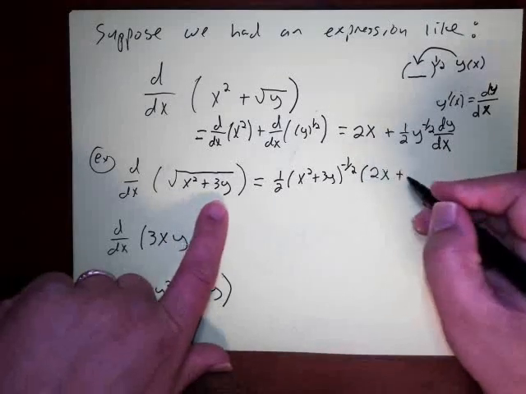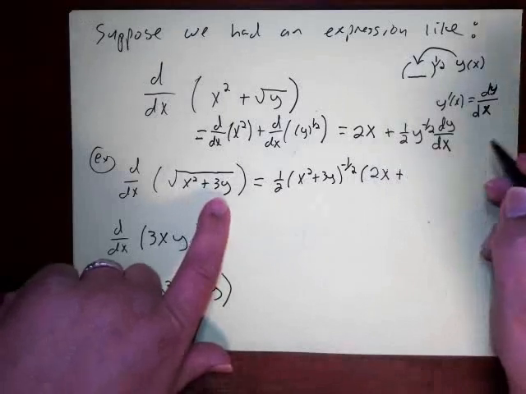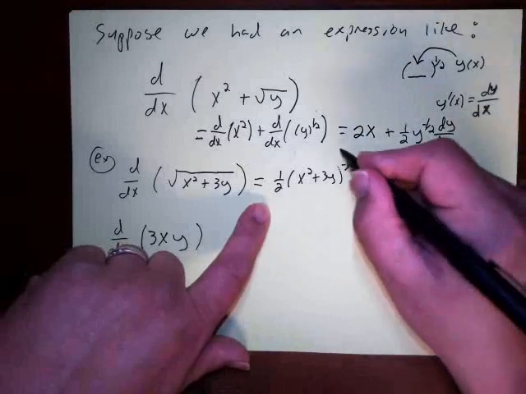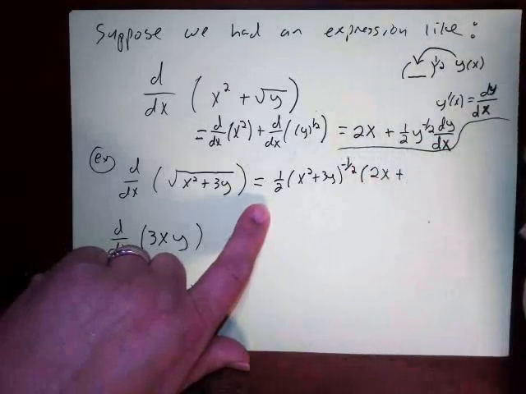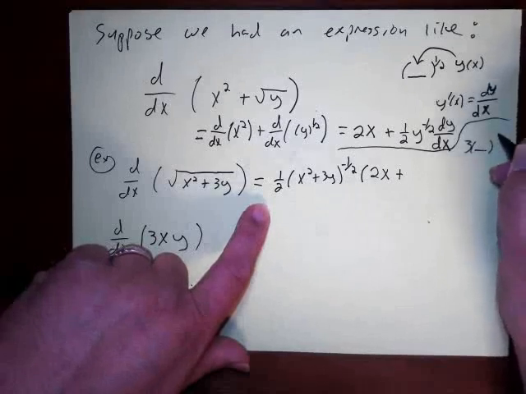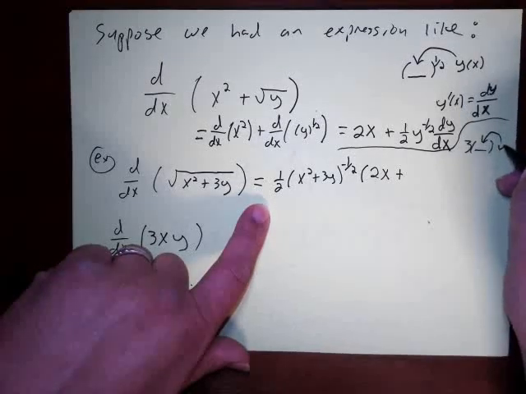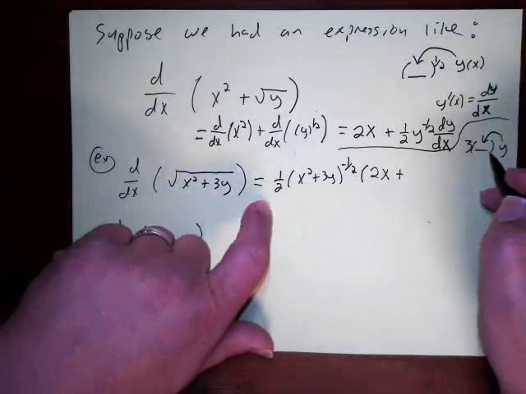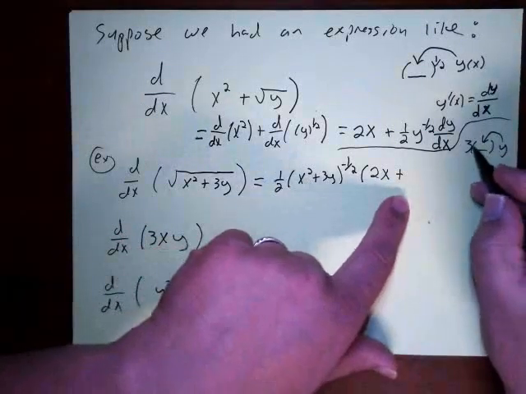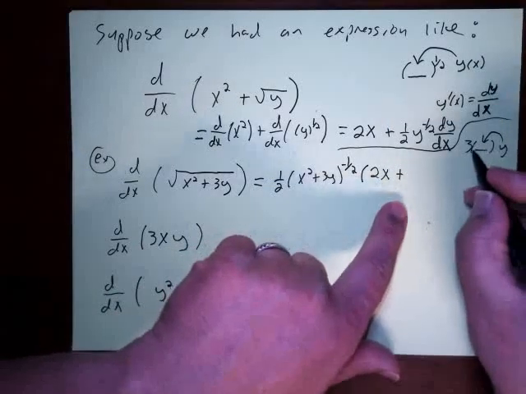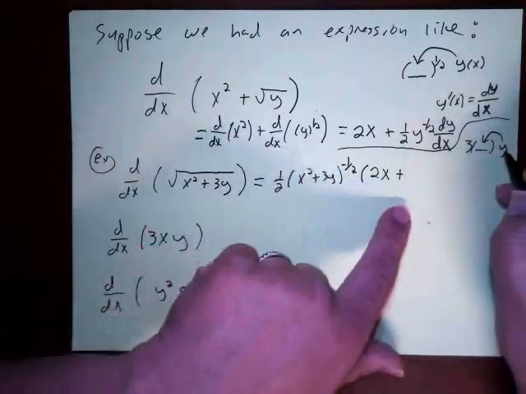But then this one, again, I think of the outside function as being like 3 times something, and then I have y on the inside. If it was 3x, the derivative would just be 3. I'm sorry, this is confusing; you can think of this as a constant multiple of y.